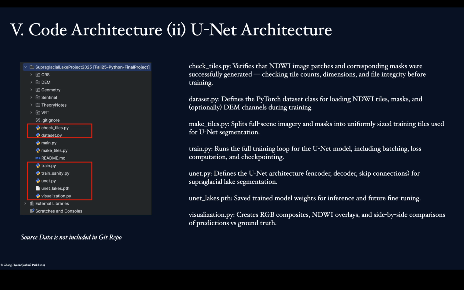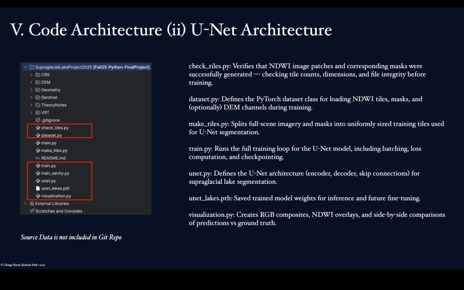And the train code and the UNet code basically define the UNet architecture and run the full training loop for the UNet model. As a result, we produce the UNet lakes path, where it saves the trained model weights for inference and future fine-tuning, and the visualization code shows as an image a side-by-side comparison of prediction versus ground truth.